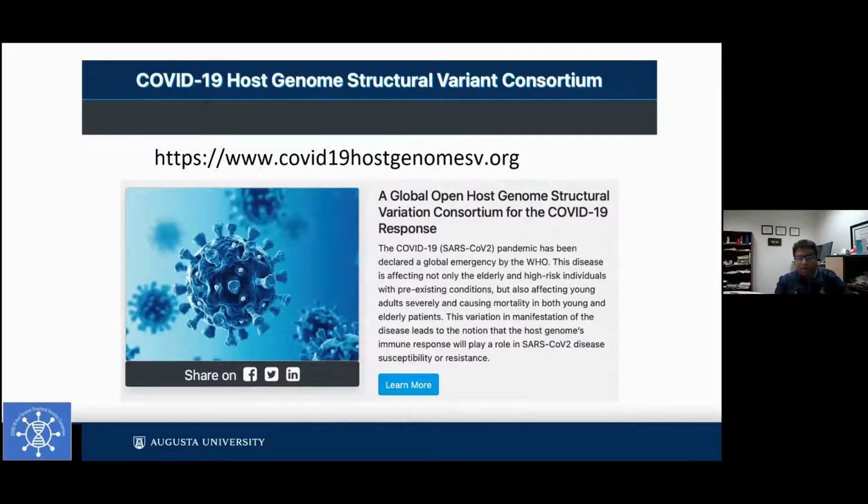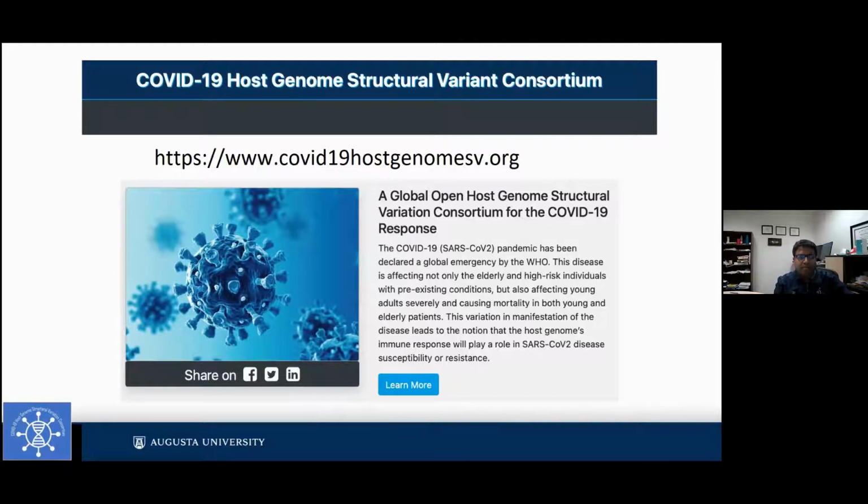So a couple of friends got together, we were working, and we identified that there is a definite need and a knowledge gap in understanding the structural variants in individuals who are severely affected by COVID-19.